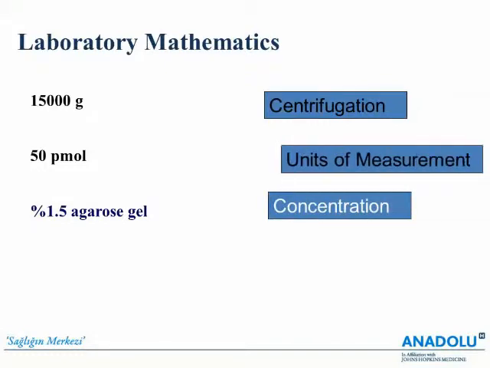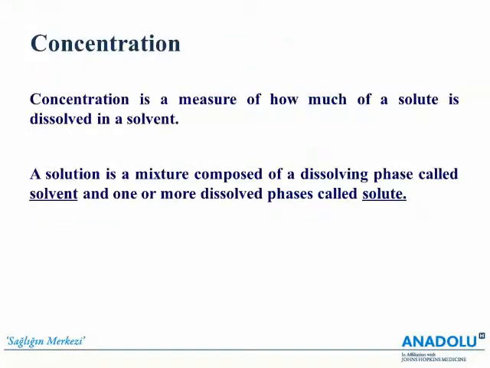My third subject is concentration, percent mass, and the conversion of units in concentration into each other. Let's first remember the definition of solution. A solution is a mixture which is composed of a dissolving phase called solvent and one or more dissolved phases we call solutes.